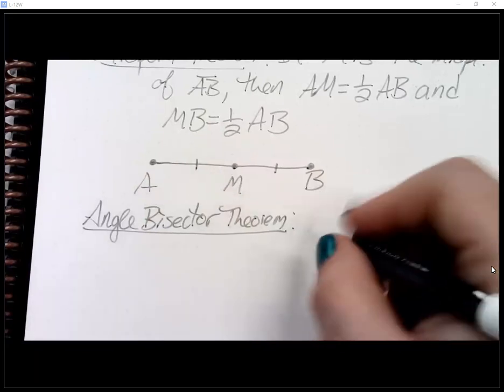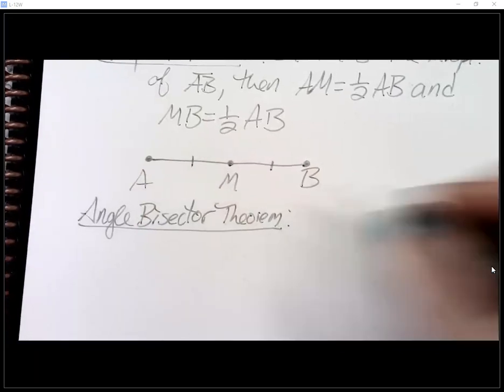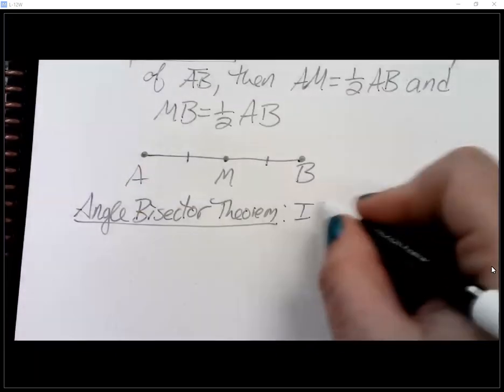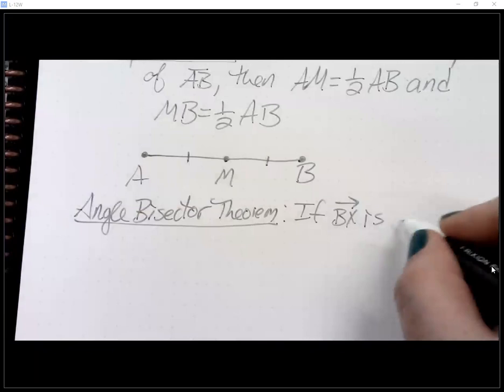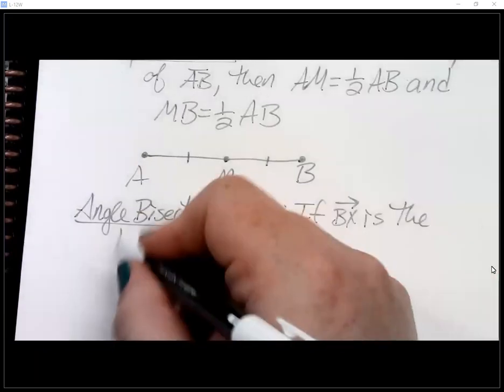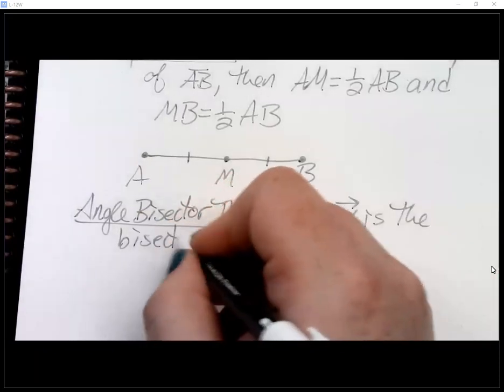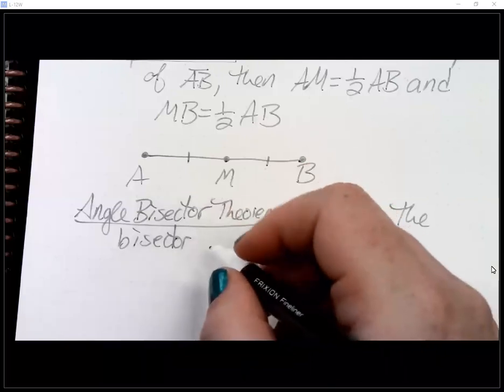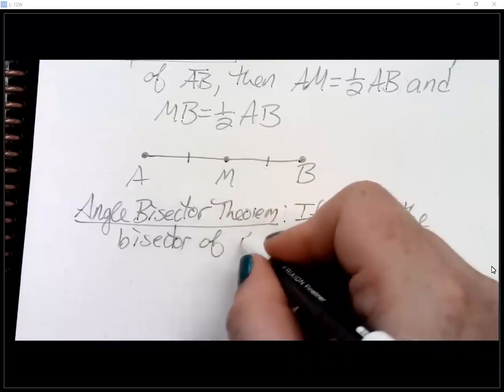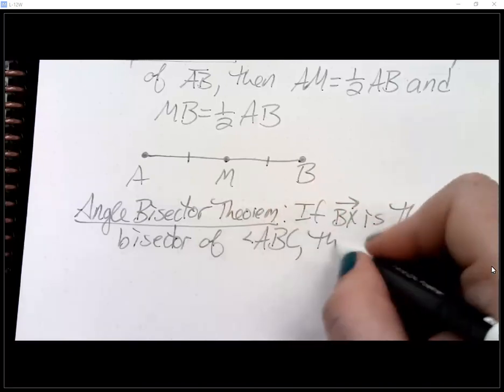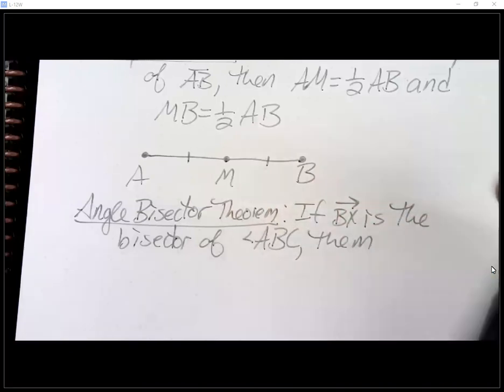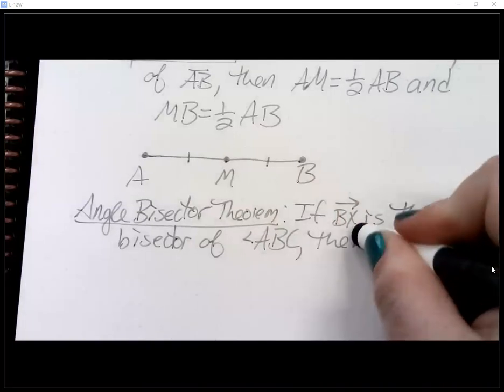Okay, and we're basically saying the same thing, just in angles. So if ray BX is the bisector of angle ABC, then, that is an N, not an M, silly goose.